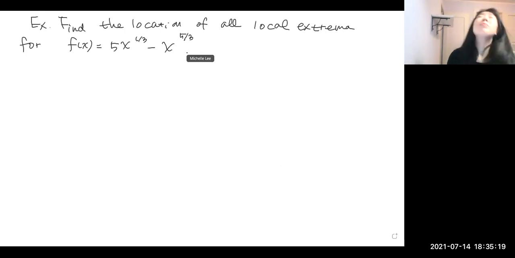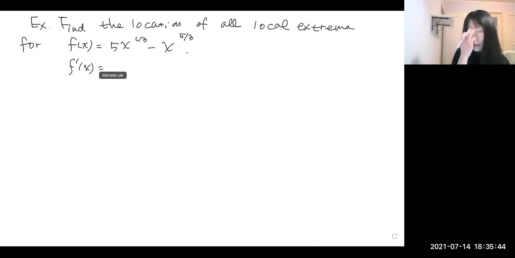Okay, now we're going to find the critical points first. Then we set it up and do sign analysis. Then we determine whether the function f is increasing or decreasing, then we can tell whether the local maximum or minimum exists, right? So what is f prime of x?